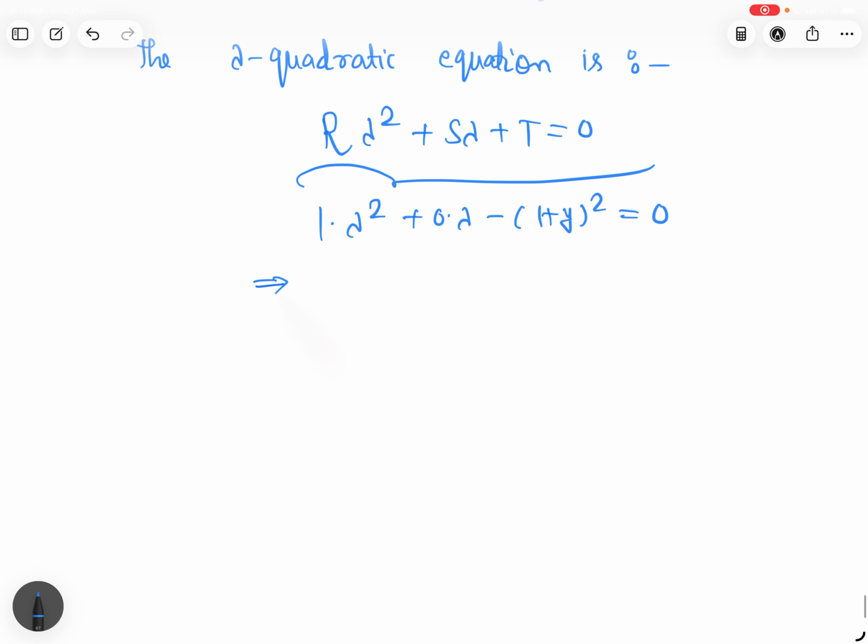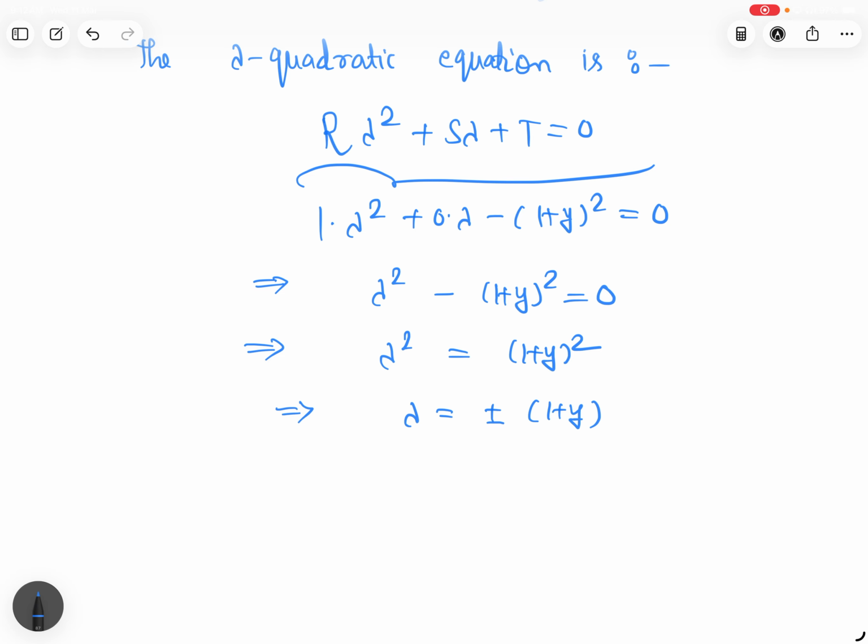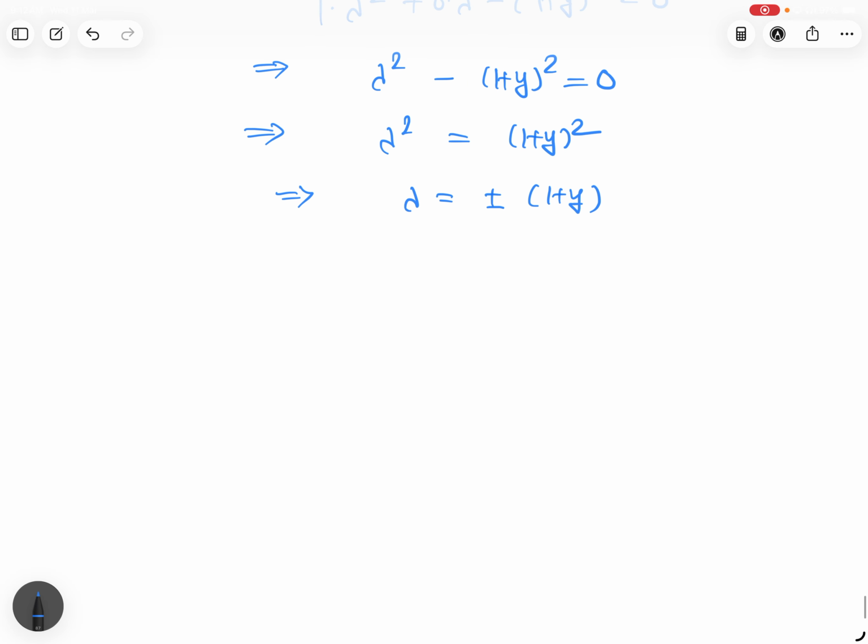So this implies lambda square equals 1 plus y square. So lambda is equal to plus minus square root of 1 plus y. So we got two values of lambda. One we call lambda 1, and the second lambda 2.